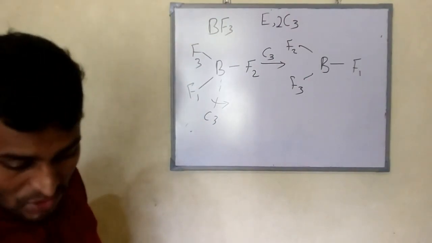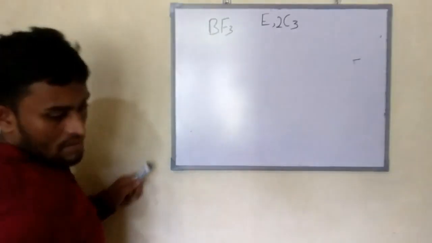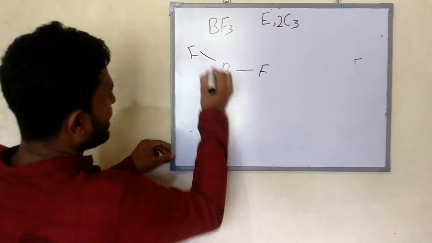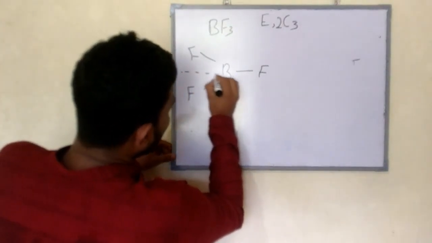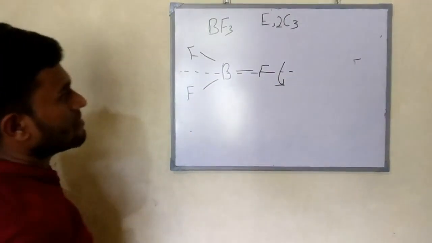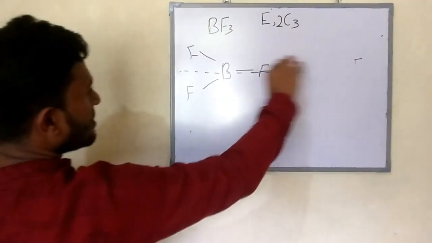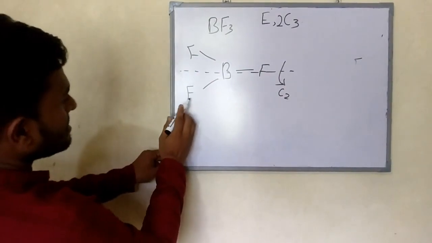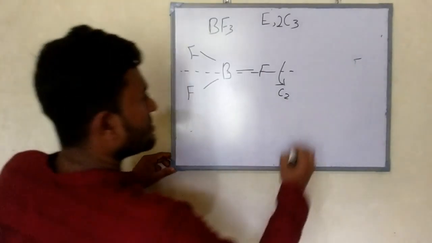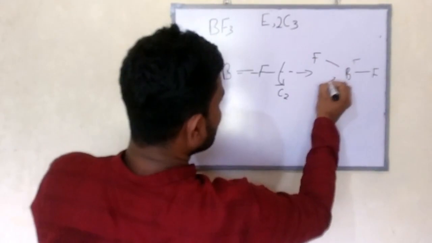And at the same time you can think about another C2. If the molecule is like this, and if you take the rotation axis like this, so this is one C2. You can rotate the molecule through this axis. So this F comes there and this F goes there. So you can write the resultant molecule like this.